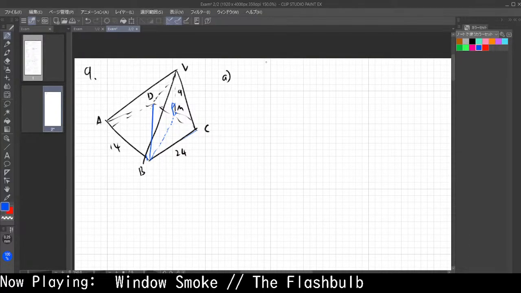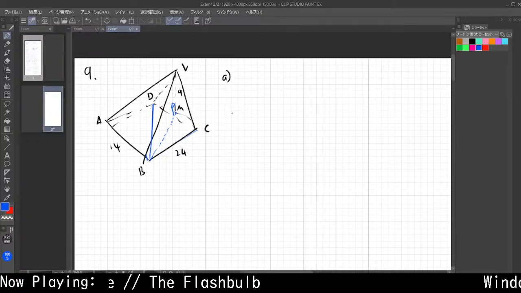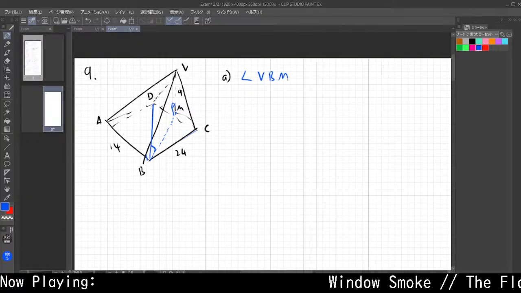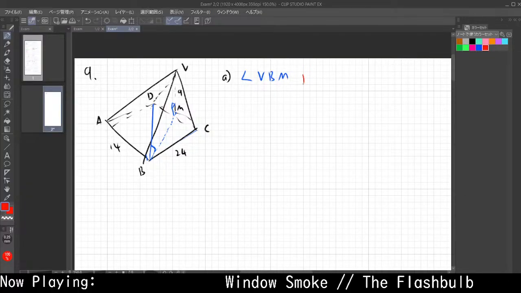So this is the only one that counts. Therefore, the angle between the line VB and plane ABCD is VBM. Anything else than this is just one mark.